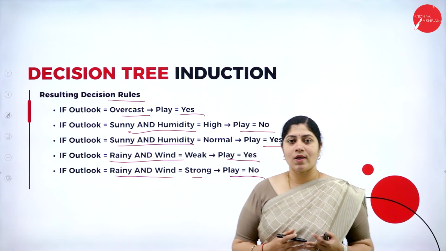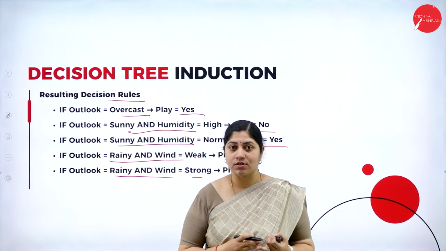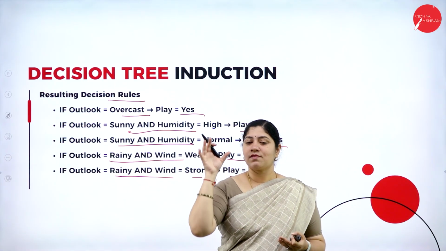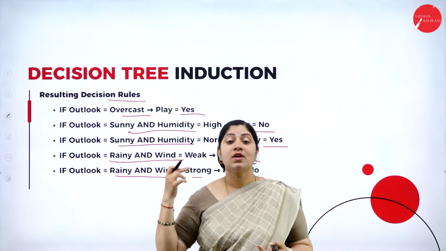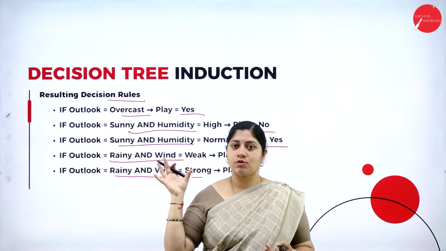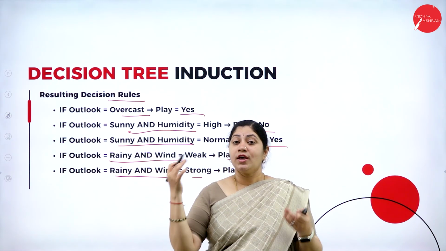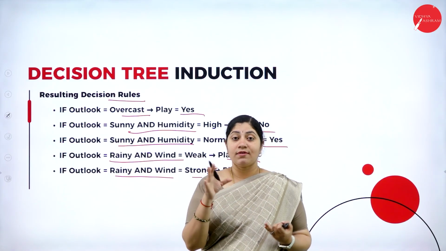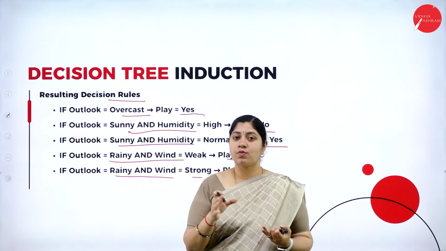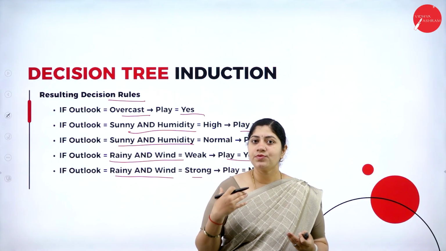So this is all about decision tree induction. We have understood that there will be a root node, and that root node is selected based on the required outlook with respect to that application. Here, the example we considered was playing tennis. And with respect to playing tennis, what was the gain or the attribute we selected?